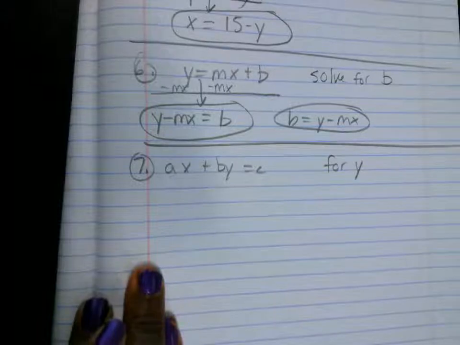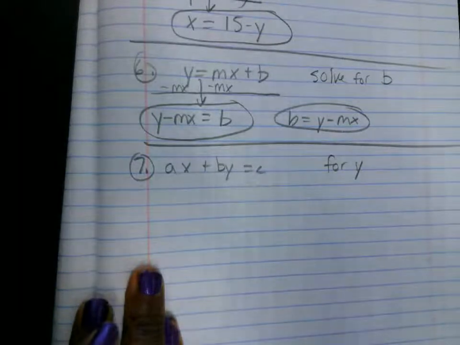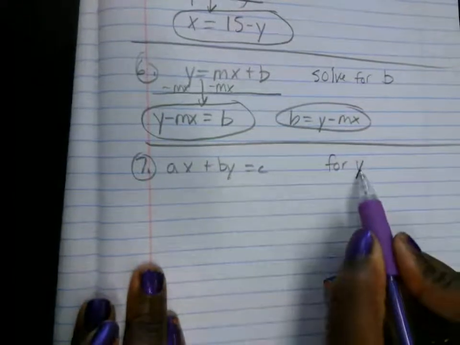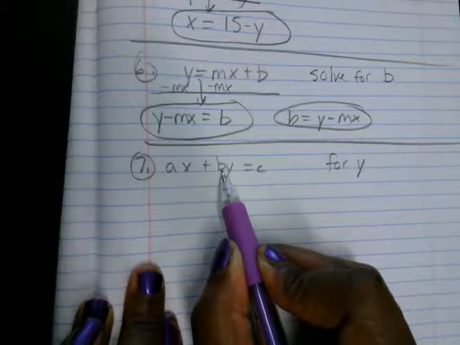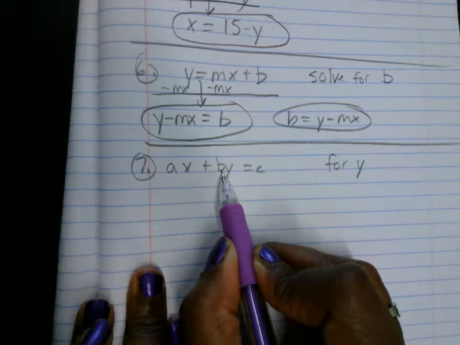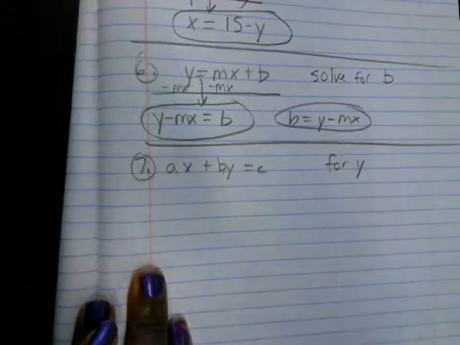Kaylani, do you know how you're going to get y by itself? Logan? We can't subtract b. We got to get y by itself. B is attached to y by what? Multiplication. Okay? Do you see how B and Y are right next to each other?